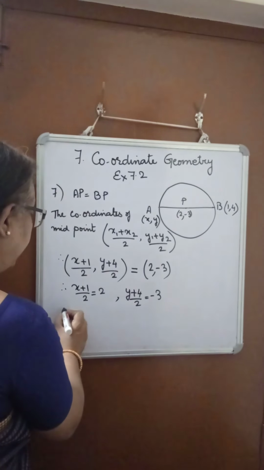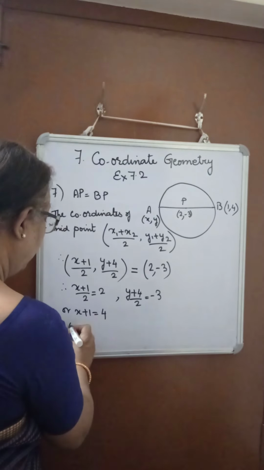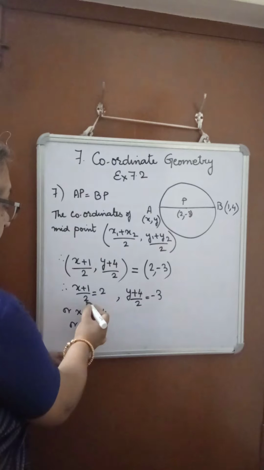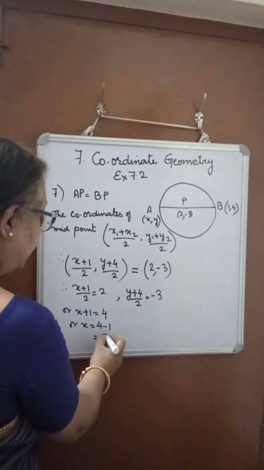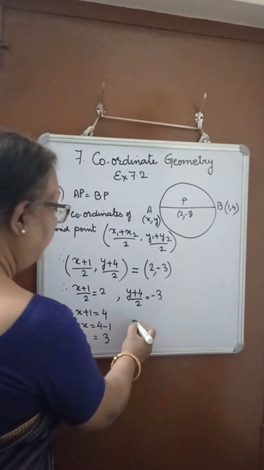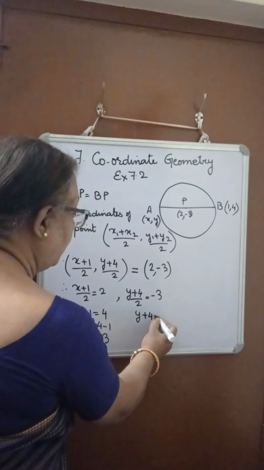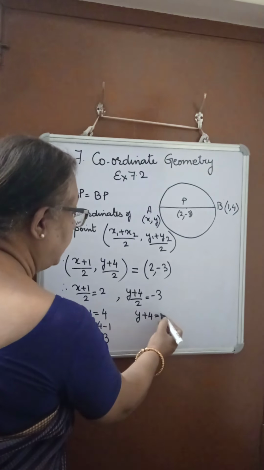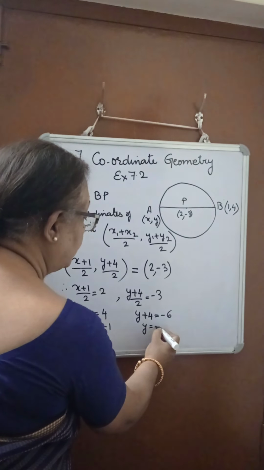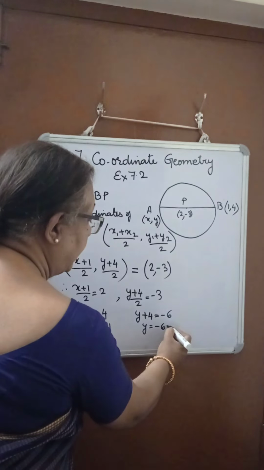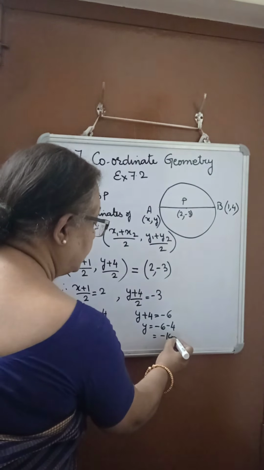Now we just simplify it. x + 1 is equal to 4 by cross multiplication, or x is equal to 4 - 1, that is 3. Similarly for y, again we cross multiply. y + 4 is equal to -3 into 2, that is -6. So y will be equal to -6, we take 4 on the other side, so -6 - 4, that is -10.